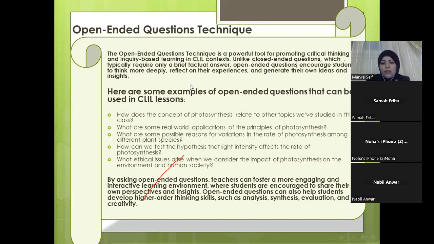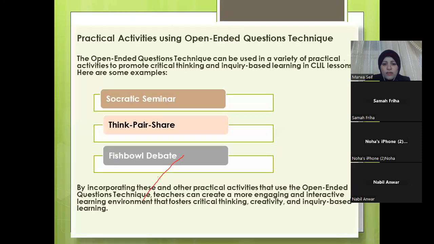By the way, it's not only the teacher who is going to ask open-ended questions all the time. You can even get your students to pose open-ended questions, but there are some practical activities that you can give your students where they are going to, for example, read an article or watch a video on a certain content that is related to the lesson, of course, the CLIL lesson or any other lesson. And then you give them activities like these: the Socratic Seminar, the Think, Pair, Share, or the Fishbowl Debate.